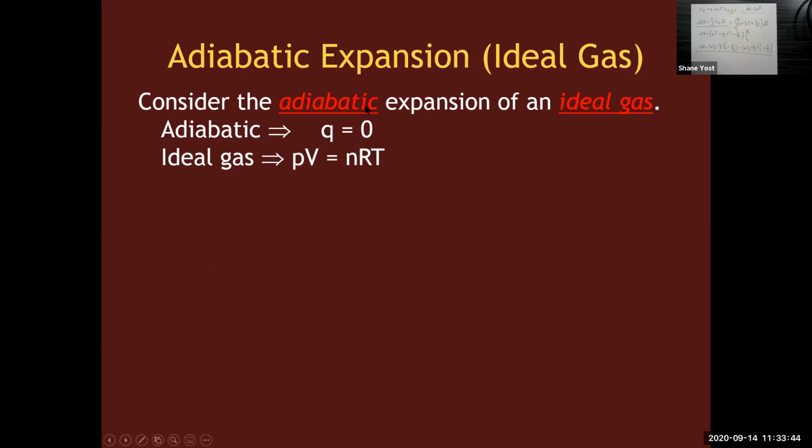So let's consider the adiabatic expansion of an ideal gas. Ideal gas law, PV equals nRT. So what do we know about, if I'm expanding an ideal gas, what equations would I know that relate to work?